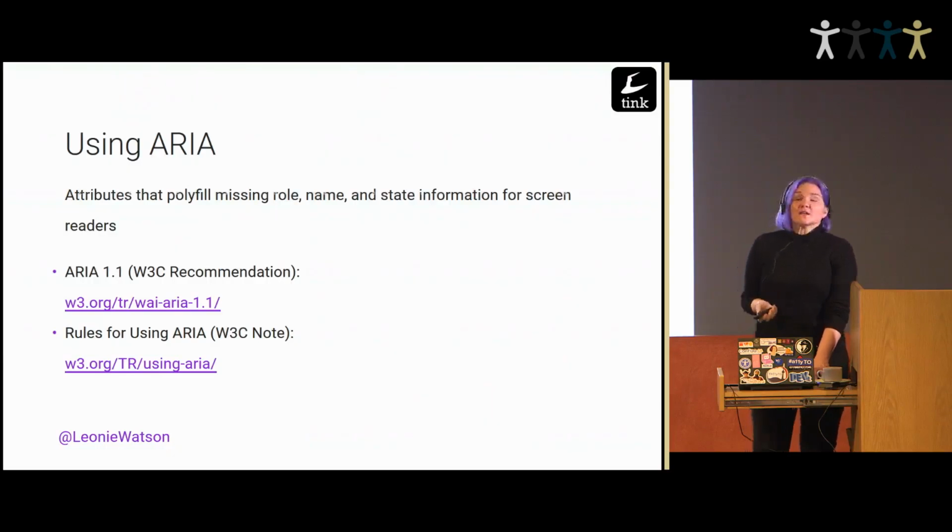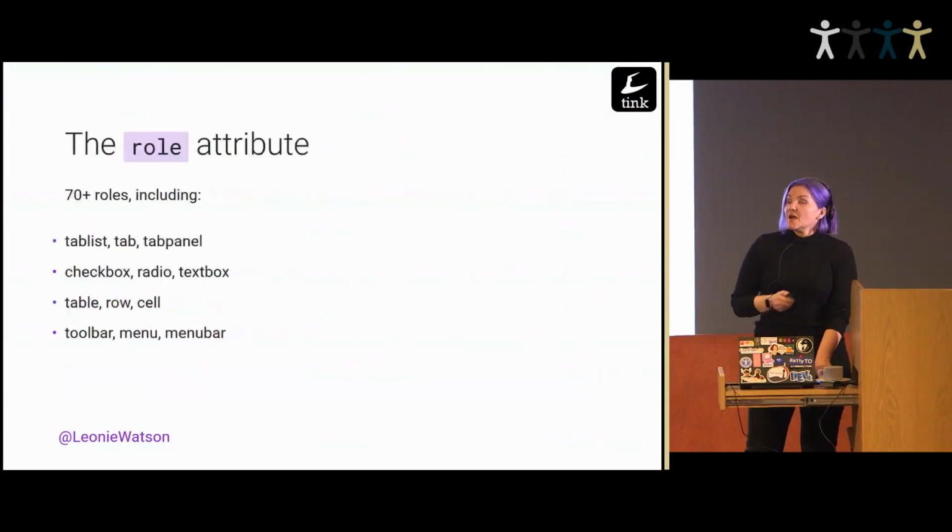We can use ARIA, Accessible Rich Internet Applications, to polyfill some of the missing accessibility information. ARIA 1.1 is the current version. It was released earlier this year, and they're already working at W3C on ARIA 1.2. But as it stands, there are more than 70 different roles that you can apply to elements like divs and spans.